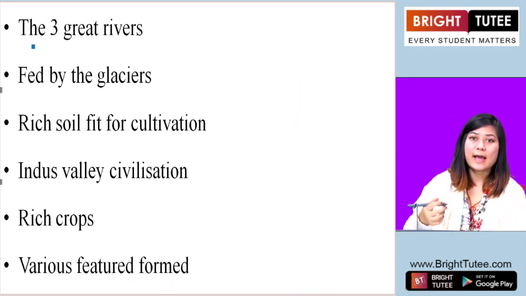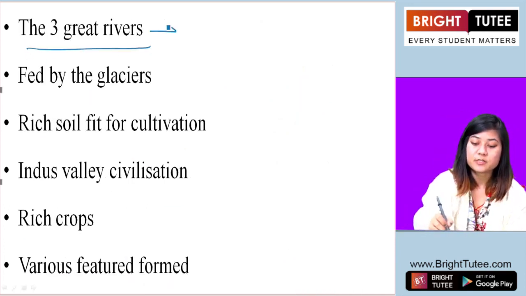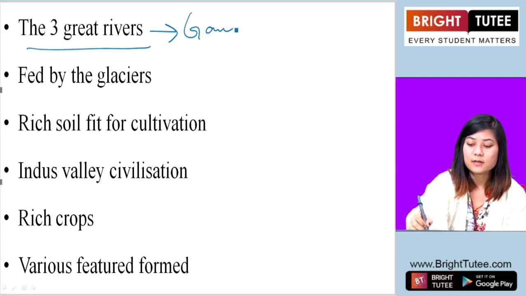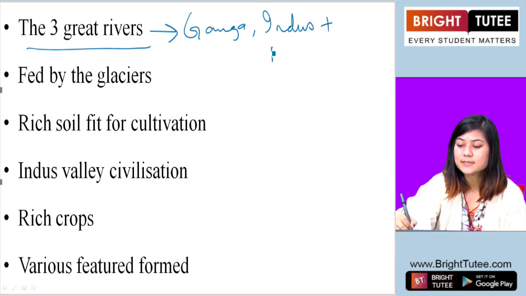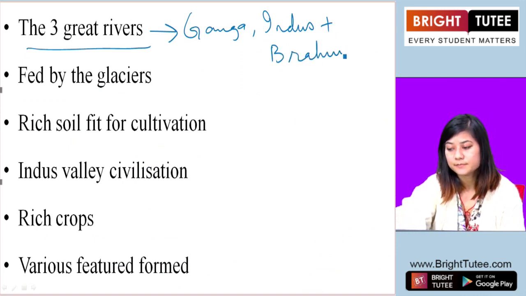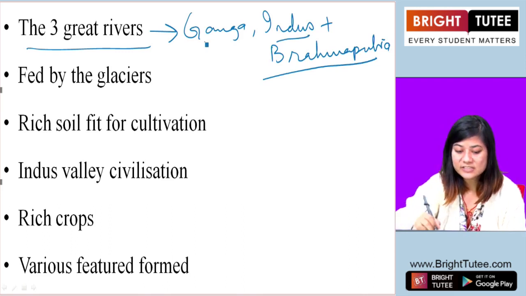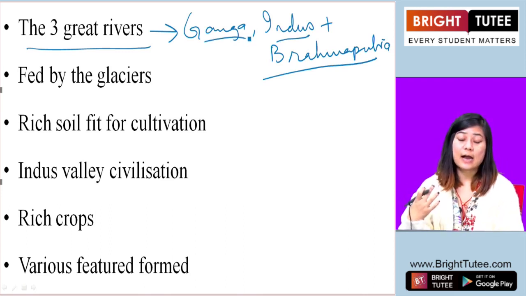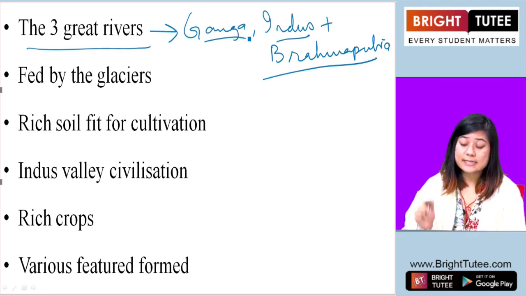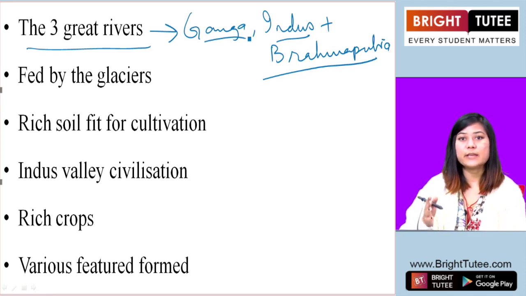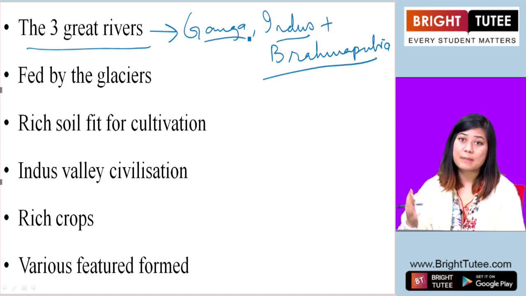Now we will look at these three great rivers, which are Ganga, Indus and Brahmaputra. Now these three rivers are great rivers. They are the biggest rivers. These rivers, we all know, flow from the Himalayas.